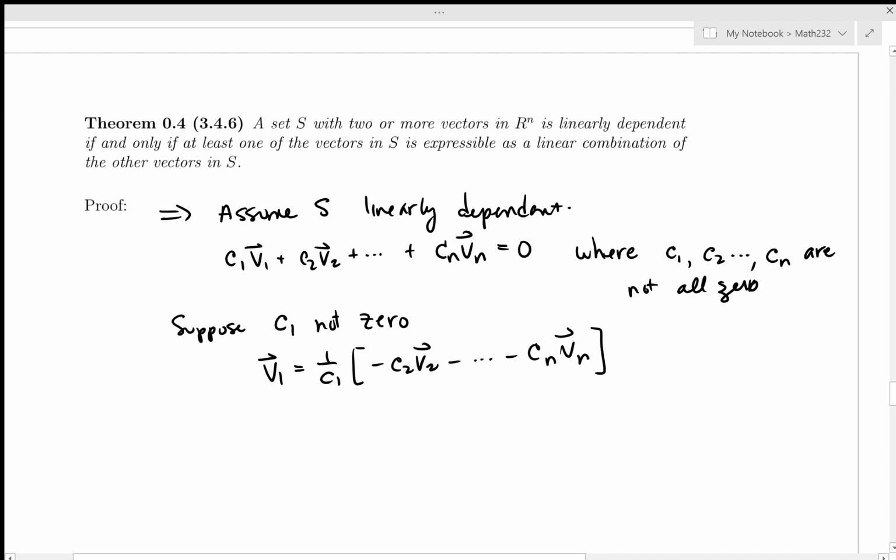We've done it one way, so let's go the other way. Assume a vector in S is expressible as a linear combination of the others.